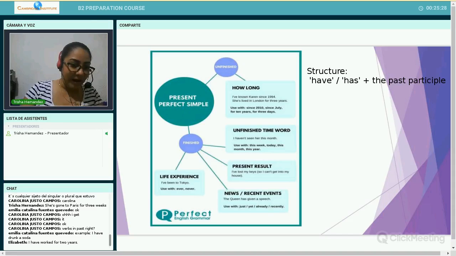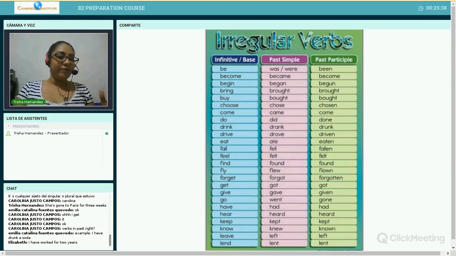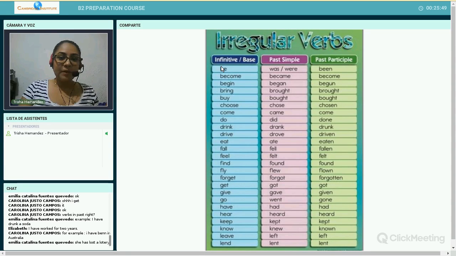Yes, Emilia, I have drunk soda instead of drink. Here it is. We have the infinitive form or the base form of the verb, usually used in simple present. Well, not for the be, the be has another form.